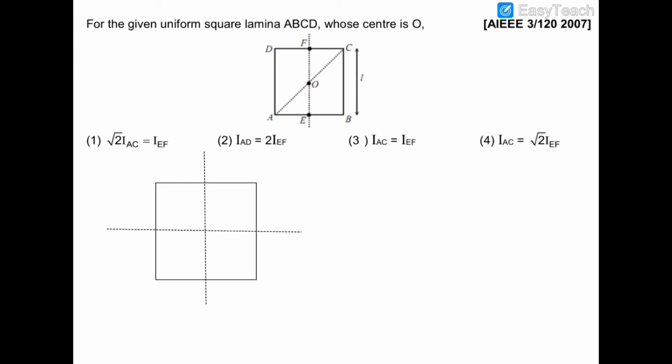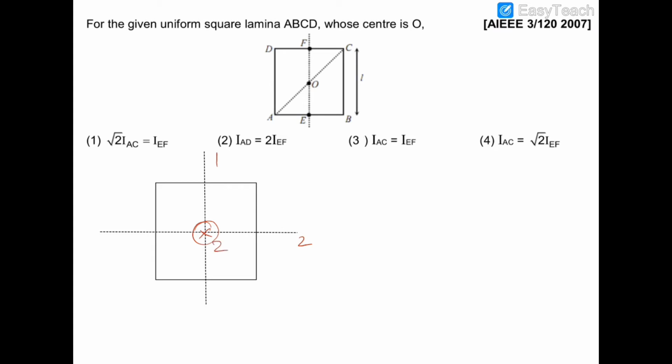Now let us see that this axis is 1 and this is 2 and this is the z axis 3. So we can write it as IZ.